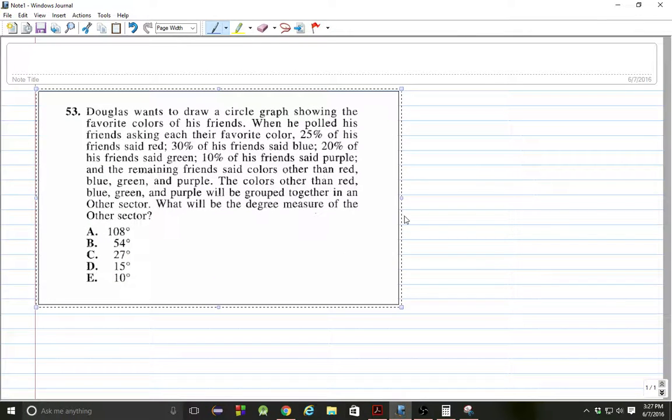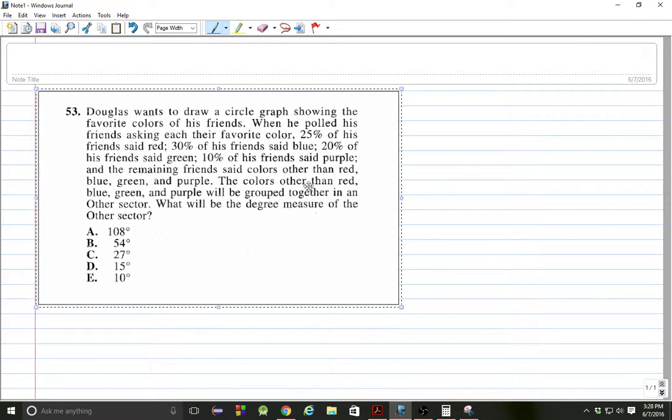Douglas wants to draw a circle graph showing his favorite colors of his friends. When he polled his friends asking each their favorite color, 25% of his friends said red, 30% of his friends said blue, 20% of his friends said green, 10% of his friends said purple, and the remaining friends said colors other than red, green, and purple.